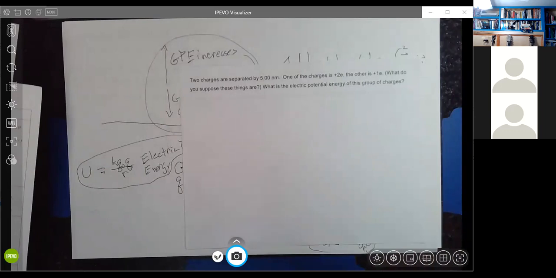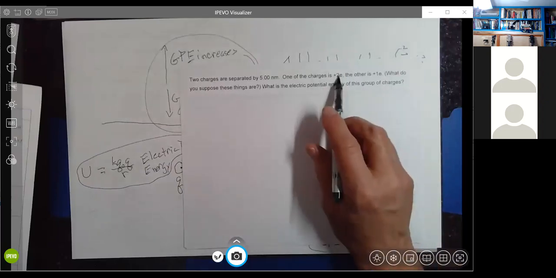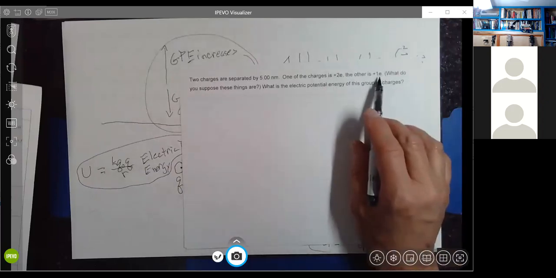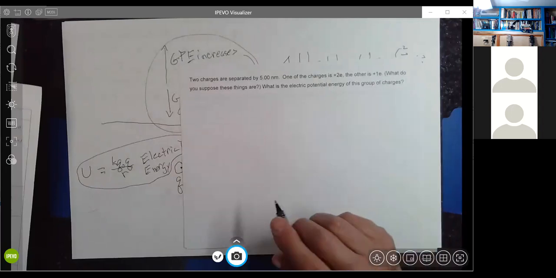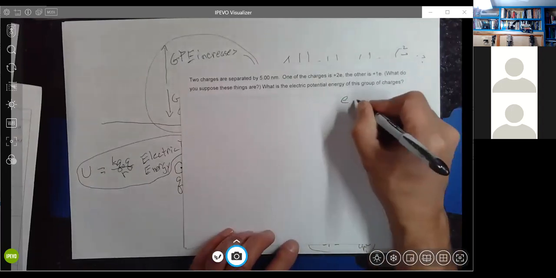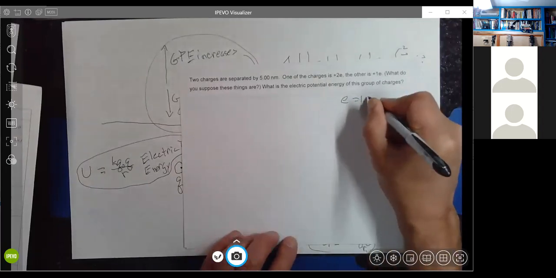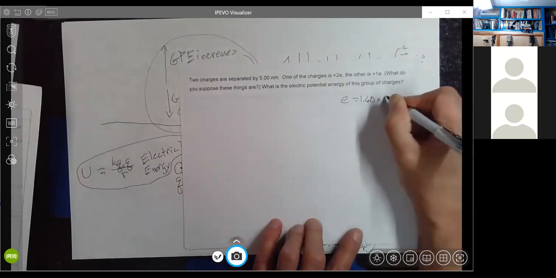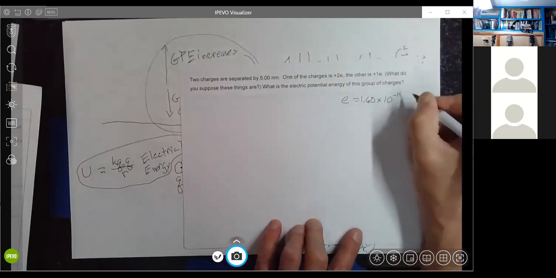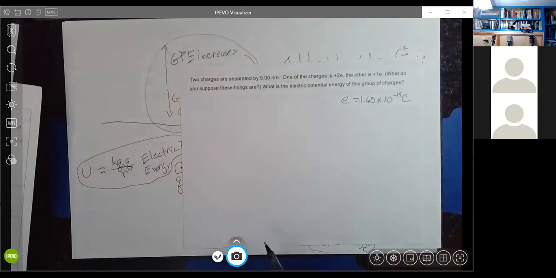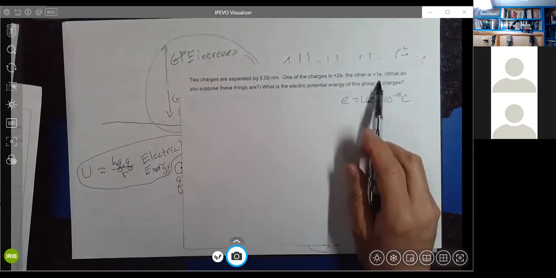What could possibly have a charge of plus 2e, and what else could possibly have a charge of plus 1e? And remember, e by itself means 1.60 times 10 to the minus 19th coulombs. Wild guess for that one?